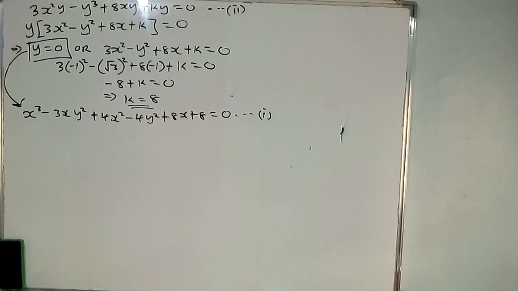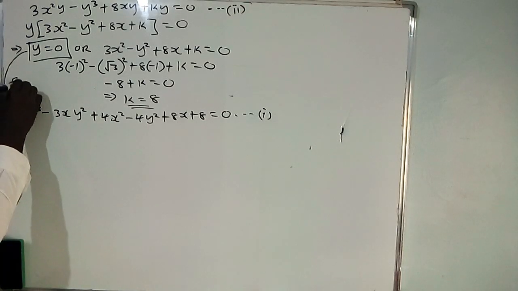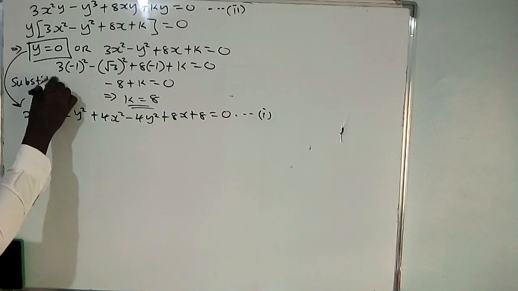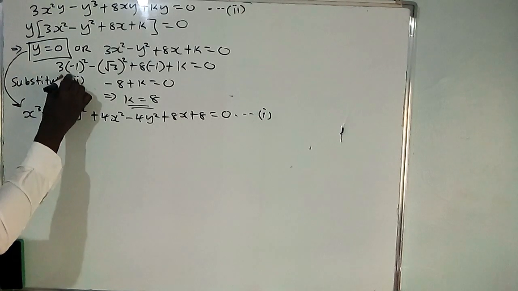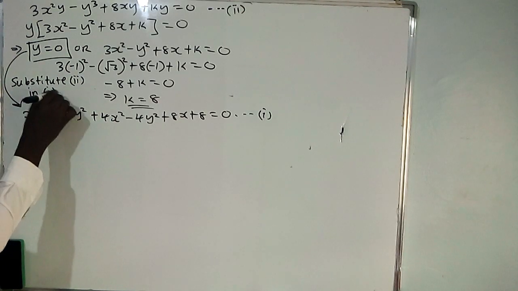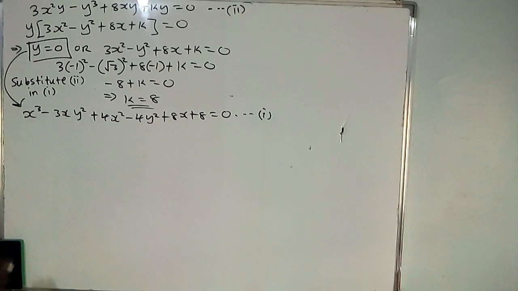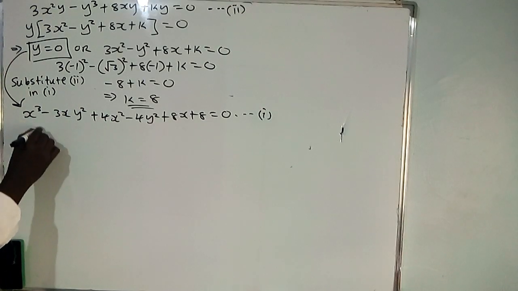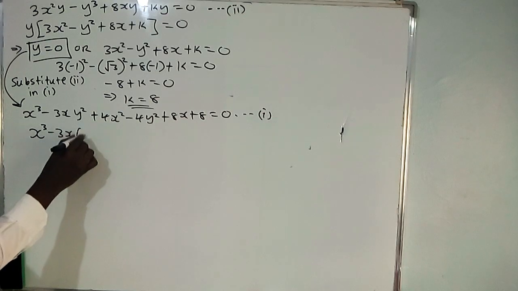Meaning we substitute y equal to 0 in equation 1 to get other values of x, isn't it? Are we together? So can you substitute y is equal to 0 in equation 1? Where there is y, you put 0.